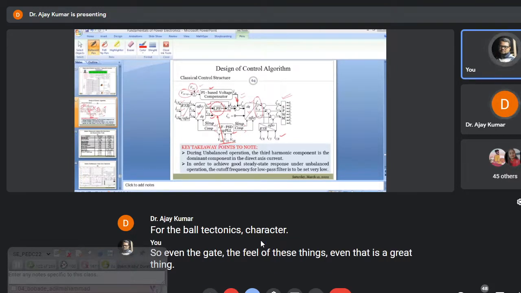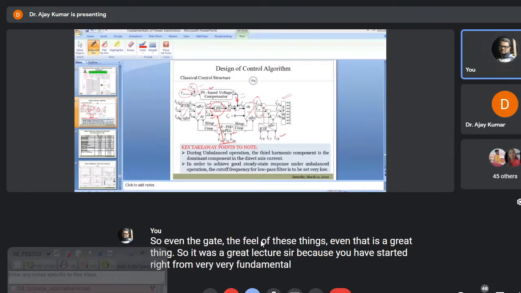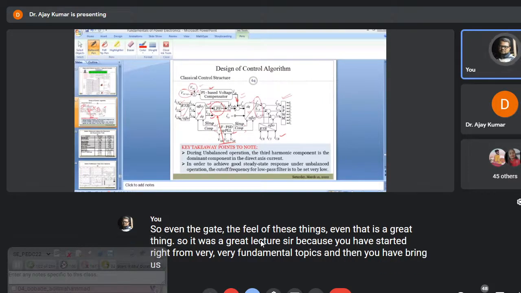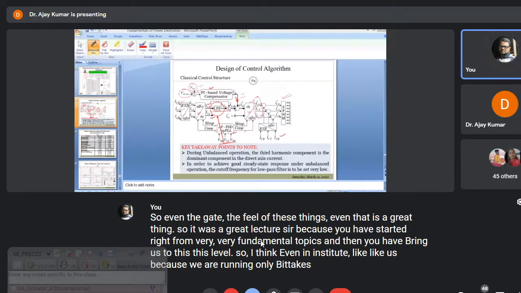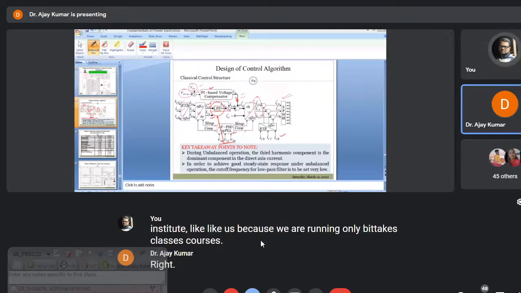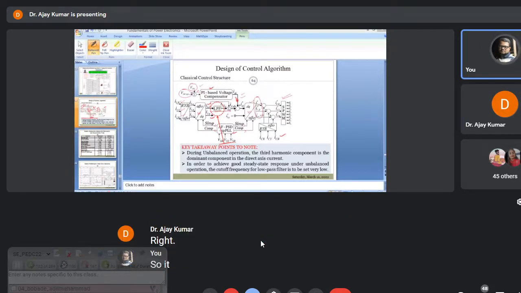It was a great lecture, sir, because you started right from very fundamental topics, and then you brought us to this level. Even in an institute like ours, because we are running only BTech courses, it is very hard to see such kind of hardware setup.